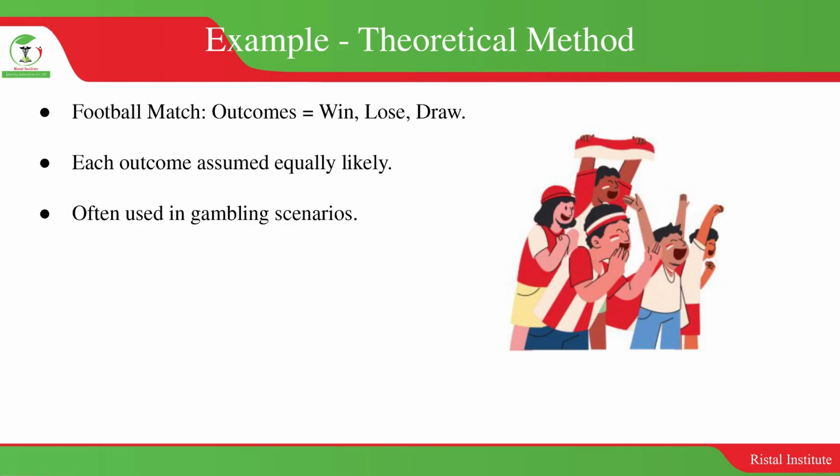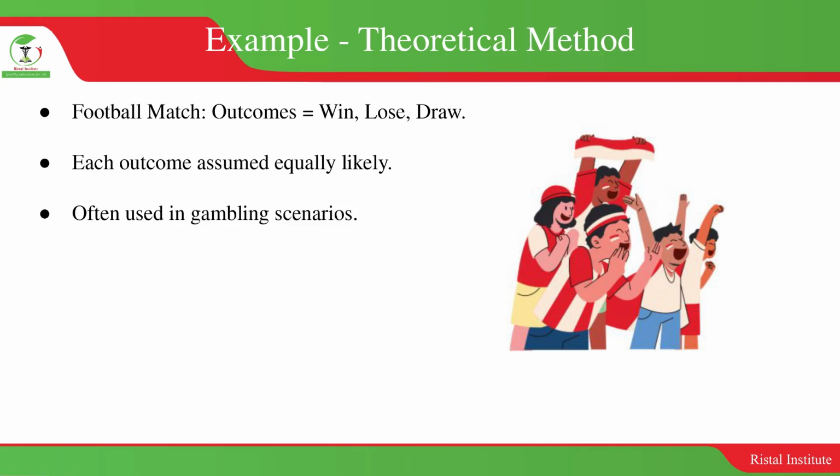In the first method, the theoretical one, for example in a football game, there will be a win, a loss, or a draw. This is a game of chance, so you can just use a theoretical decision.